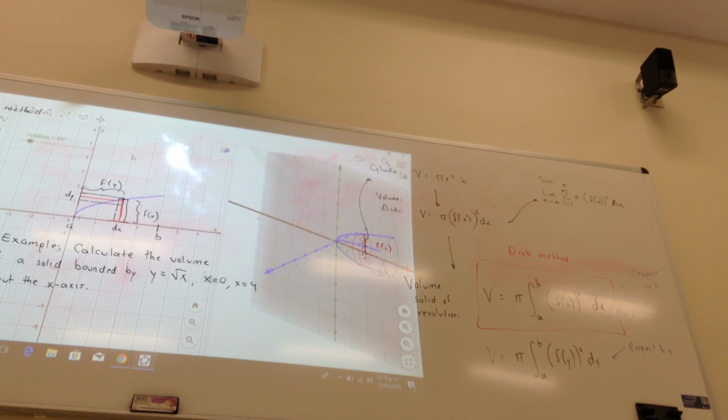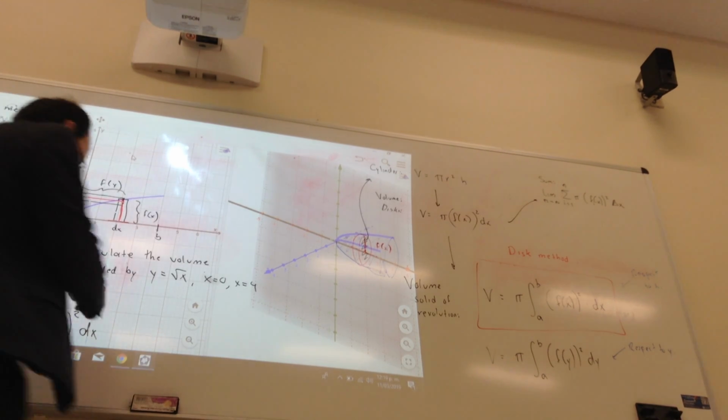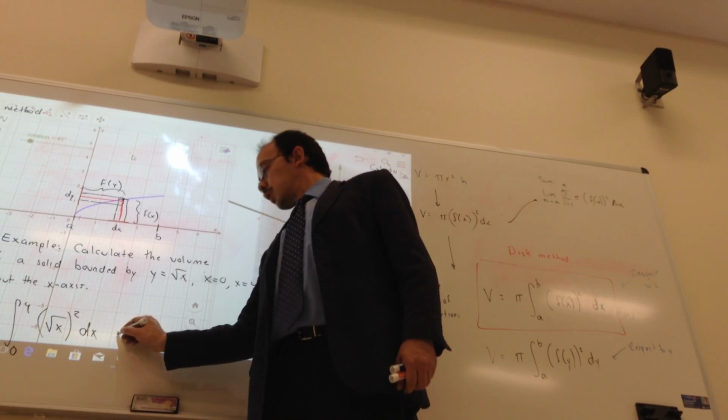So all I need to do, well, you have the graph, you have a 3D. What do you do? Simple. The volume is going to be pi times the integral from where to where? From 0 to 4 of the function. What's the function? Square root of x raised to the square times dx. Solve it.